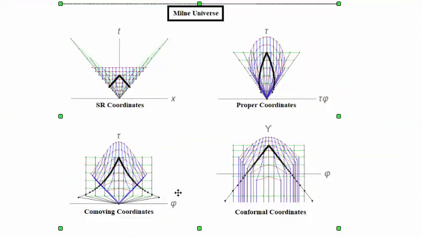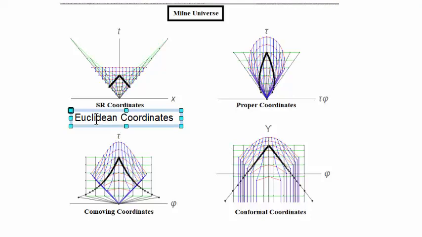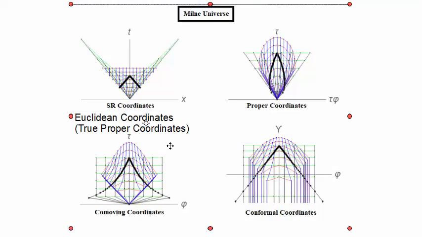So I'm going to come back to this one. The only big change that I would make is to say that here, the x is a distance. It represents the Euclidean coordinates. And because I like words to have actual meaning, I also want to say that when I'm using Euclidean coordinates, these are also the true proper coordinates.